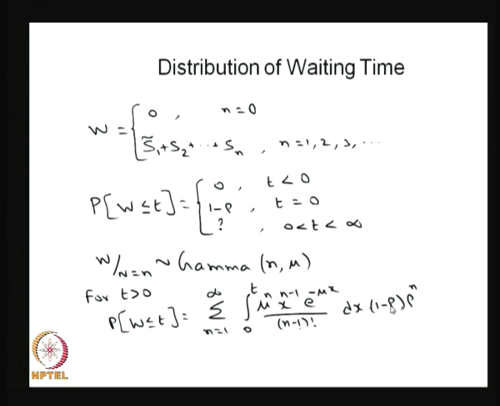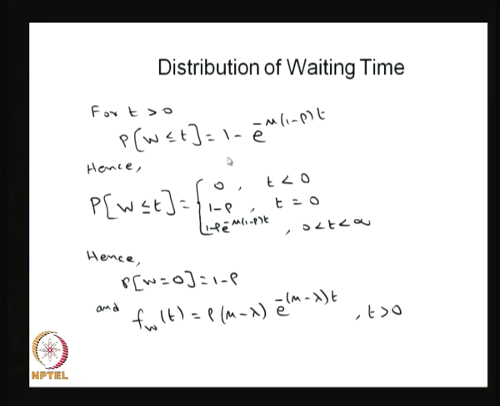If you do the simplification, you will get 1 minus e power minus mu times 1 minus rho times t. Therefore, you can substitute here. Oh, here I made a mistake. Here it is multiplied by rho.